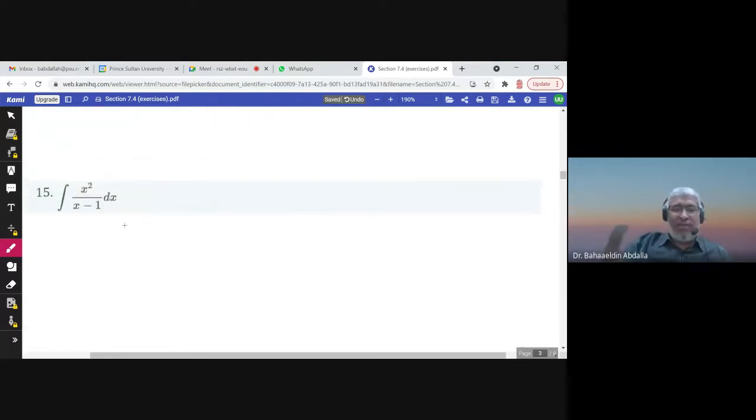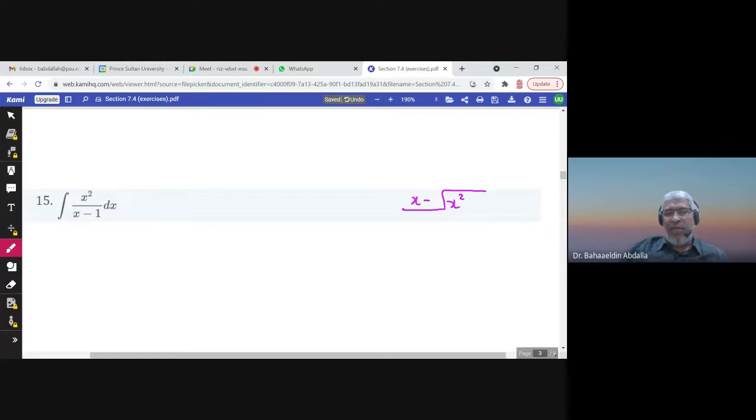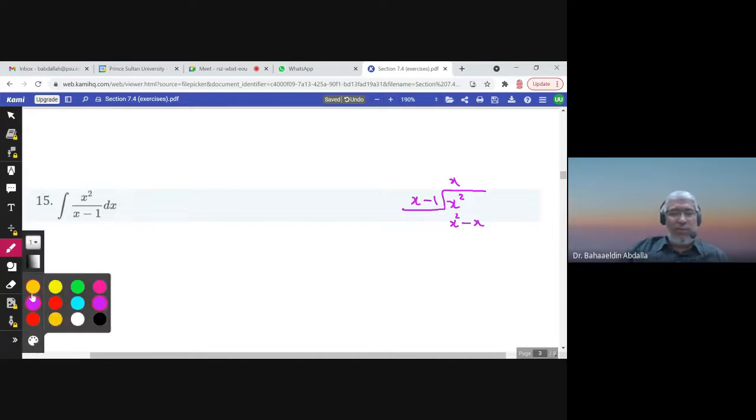Notice that the degree of the numerator is greater than the degree of the denominator. So I have to use long division. Plus x divided by x is 1.